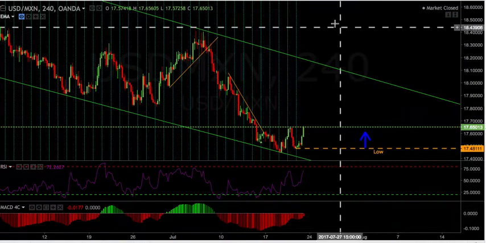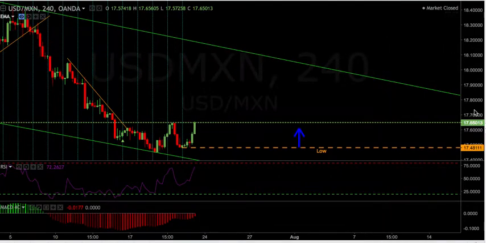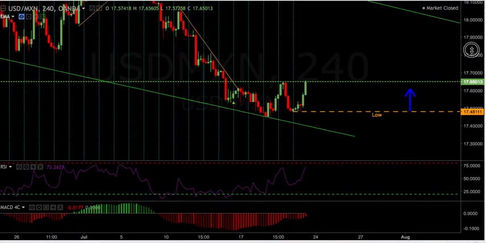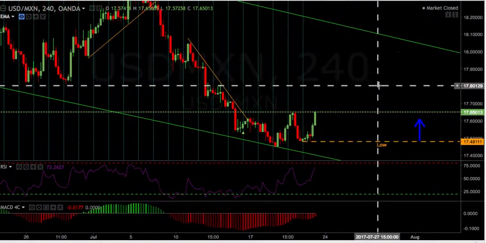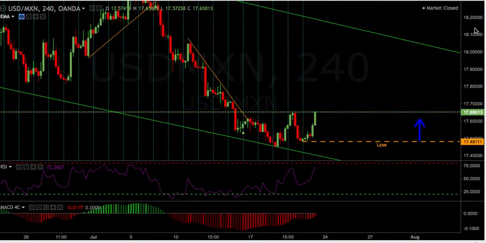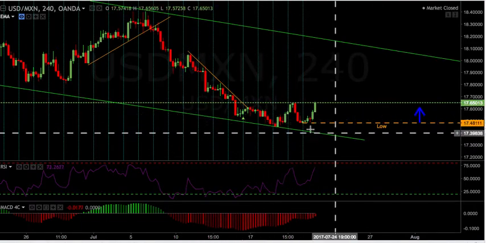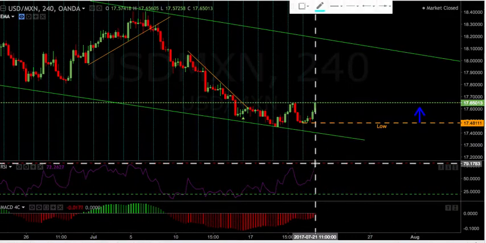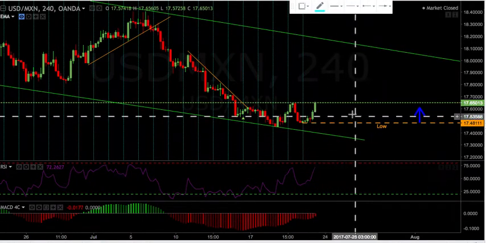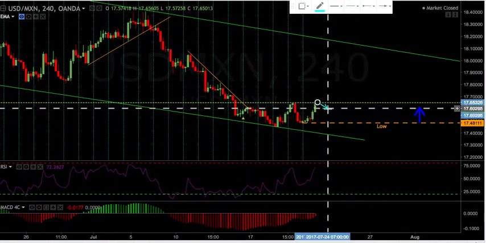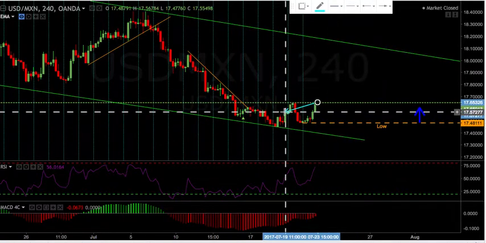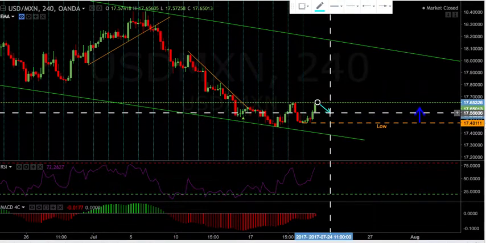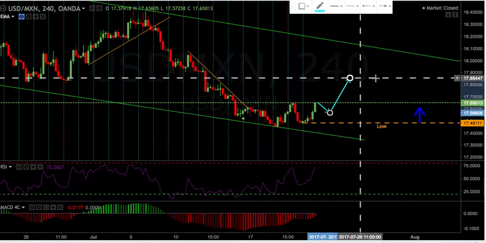Okay, I've been looking at the dollar peso because of our new illustrious leader, Mr. Trump, talking about the wall. The peso has been making some nice moves, so it is currently bouncing off the bottom of this descending channel, and it's about to get into the overbought area, which means I'm anticipating either another move down to make a pattern with these two movements here, or a continuation pattern of its own and more up.